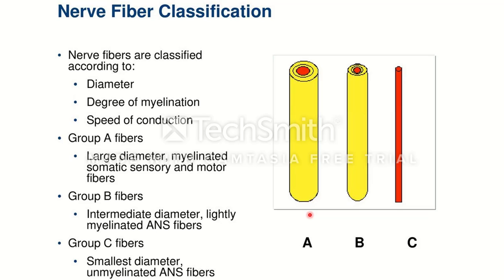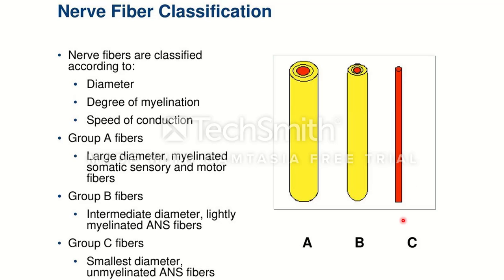One typical example of these type C neurons are the postganglionic neurons. So postganglionic neurons are mainly type C neurons.